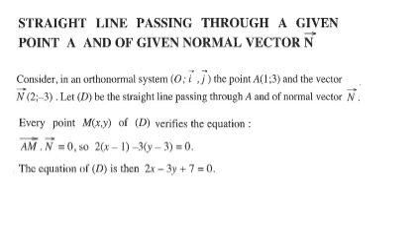Now what if I have a straight line passing through a given point and of a given normal vector? What is the meaning of a normal vector? A normal vector is a vector which is perpendicular, or orthogonal, to the straight line D. It's very easy. You create, as we learned, the vector AM, where A and M belong to the straight line D, and we do the dot product of AM and N, which we already know is equal to 0.